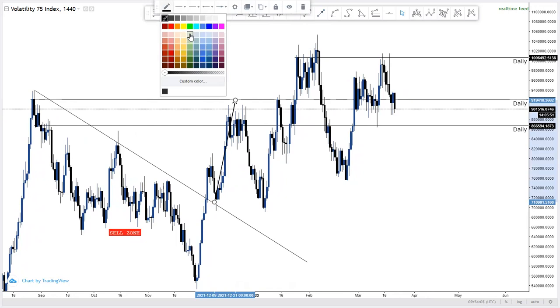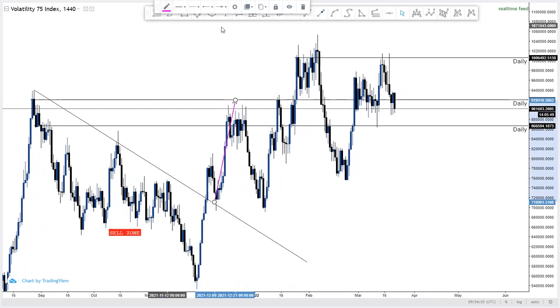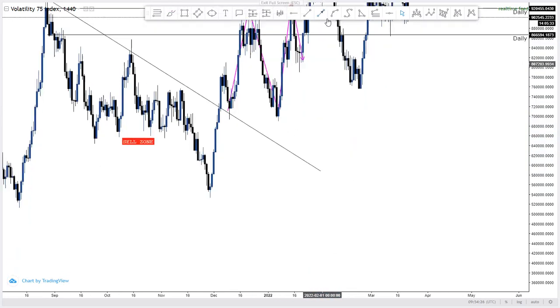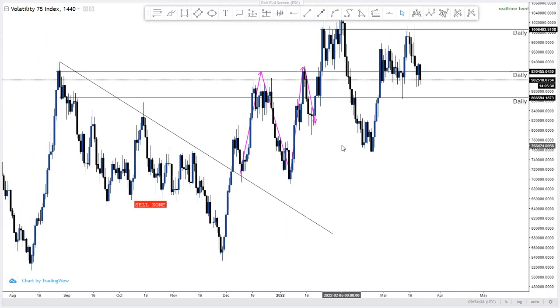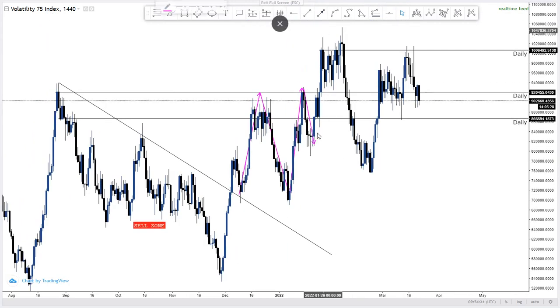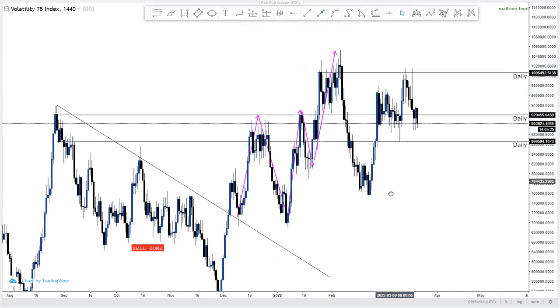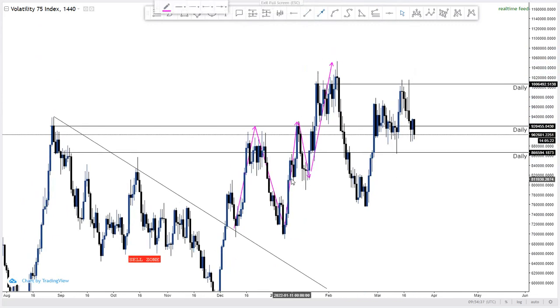Let me just change my color so that you see: higher high, higher low, higher high, higher low, again went and made a higher high, but then when it came back now, it broke the recent low there, which was actually a break of structure.